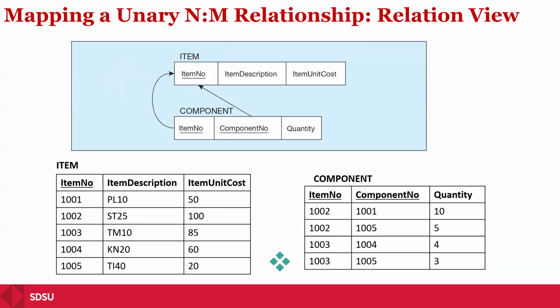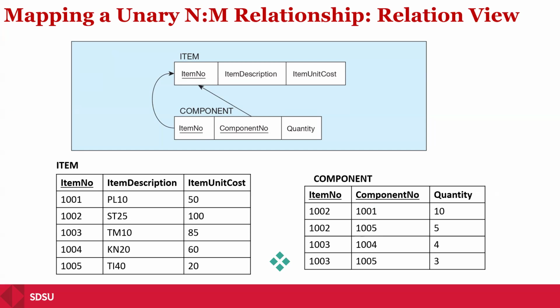Here's an example of the same scenario with data to give you a little more context. So, for example, we have item number 102, which consists of multiple components. Item number 102 has two components, 101 and 105. And item number 103 has two components too.